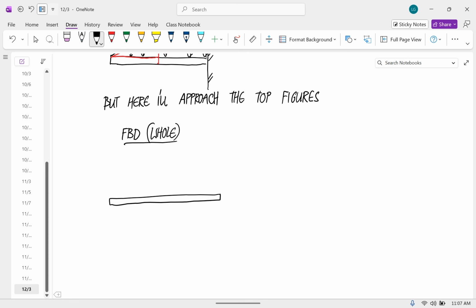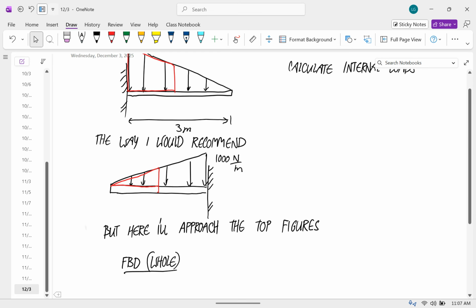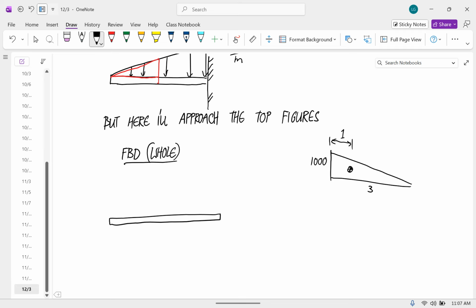Now I've chosen the whole body to isolate. If we think about this triangle, it has a height of 1,000, a width of 3. That means that the distance to the centroid is 1 from this side, and the area is 1,000 times 3 divided by 2, so 1,500.